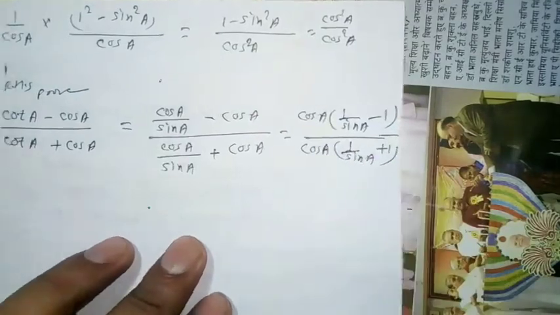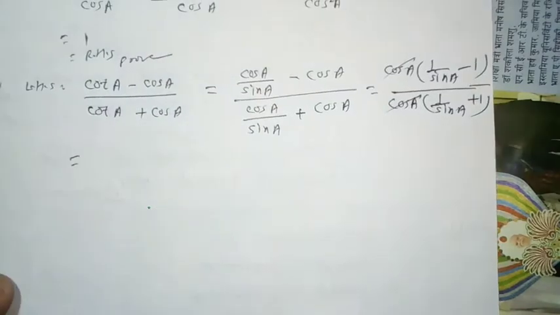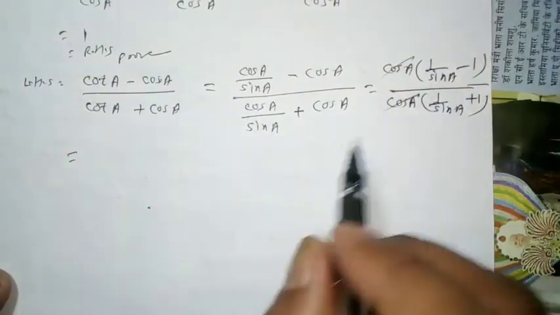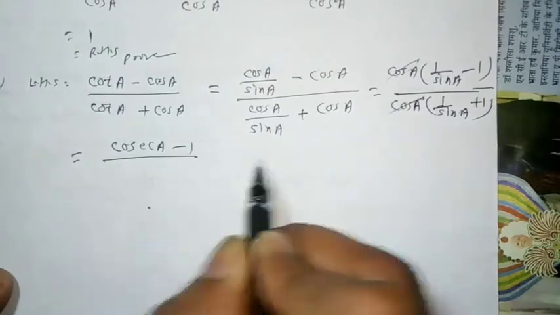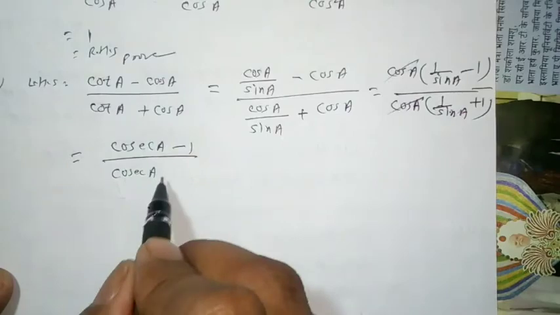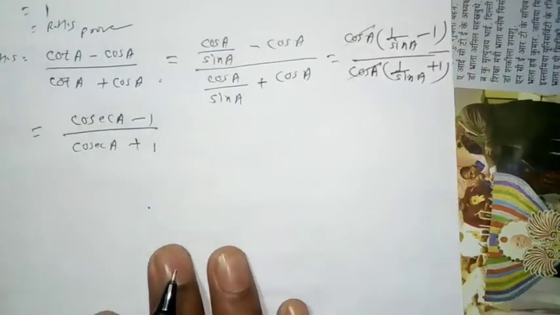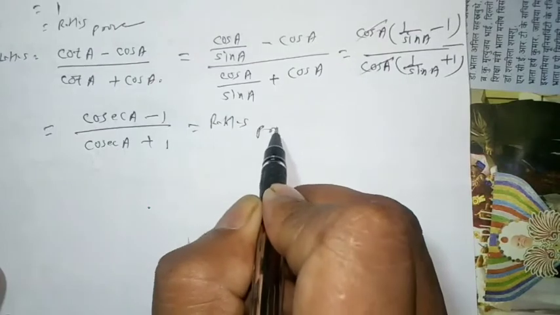Cos A cancel, is equal to 1 by sin A, cosec A minus 1 by cosec A plus 1, is equal to RHS. Proved.